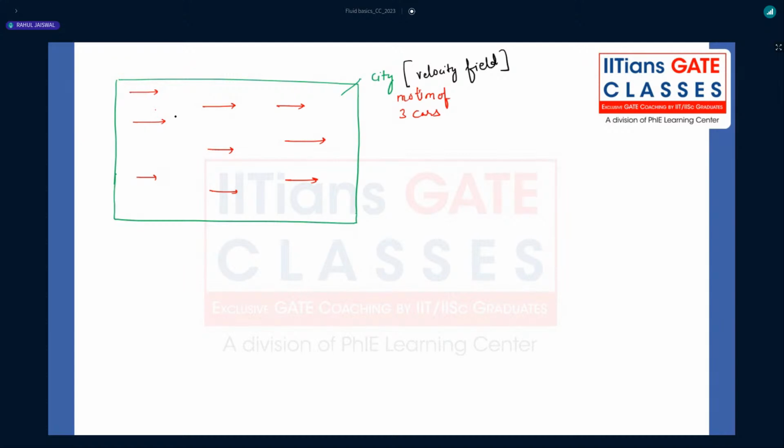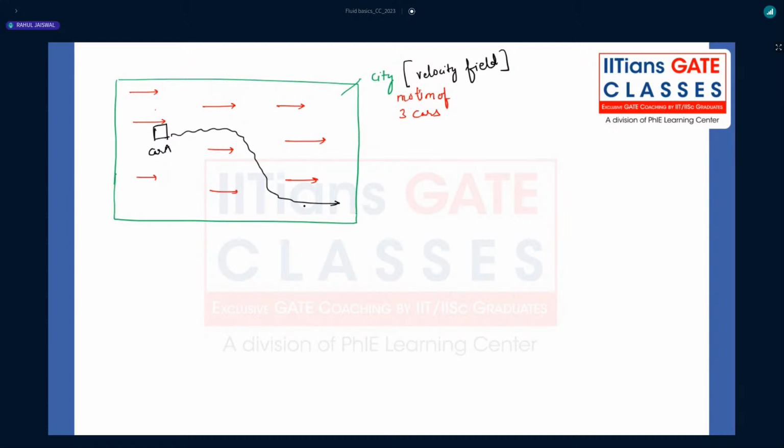Suppose you are sitting in a particular car and the car is moving in a certain direction. Whatever the motion of the car is, you are sitting in the car. That means you are analyzing the motion of the car with respect to Lagrangian description. Whatever the motion of car A, you are tracing the car's motion.